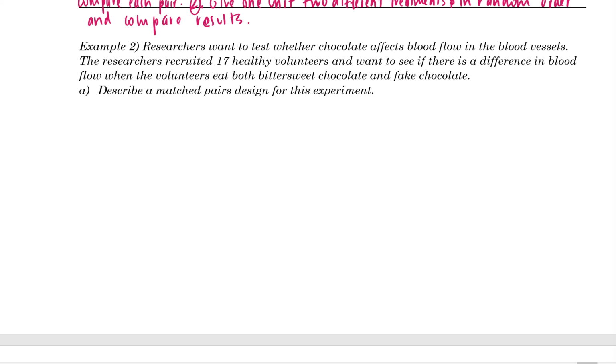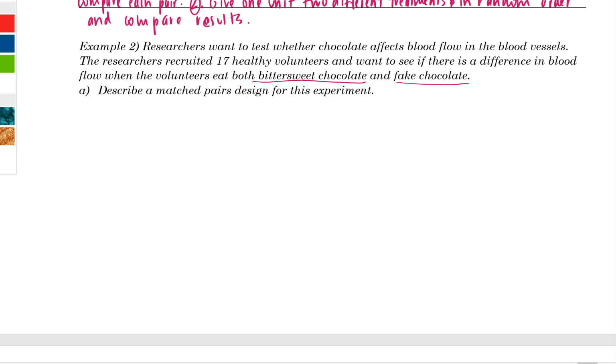So in a matched pairs experiment, essentially what I want to try to do, if I can get away with it, is I would like each person to have two different treatments. And so in this case, they want to test the effects of chocolate on blood flow. Our two treatments are bittersweet chocolate and fake chocolate.